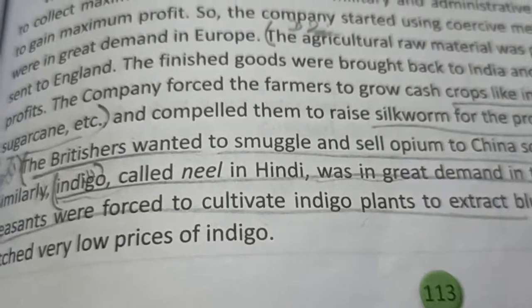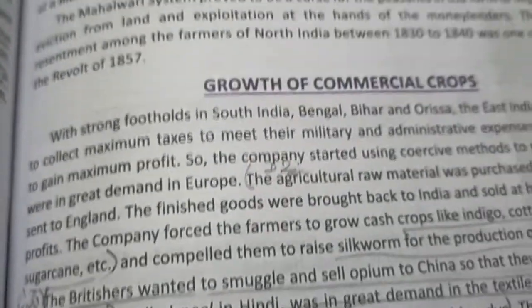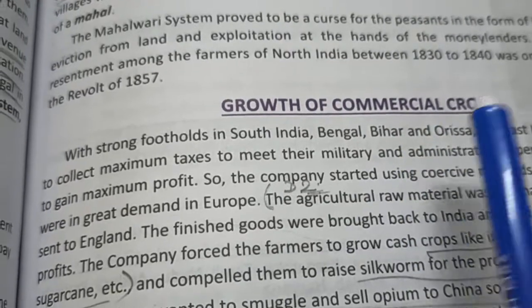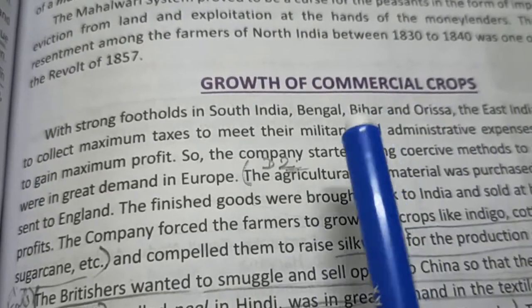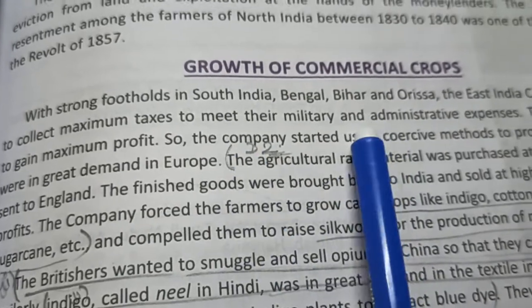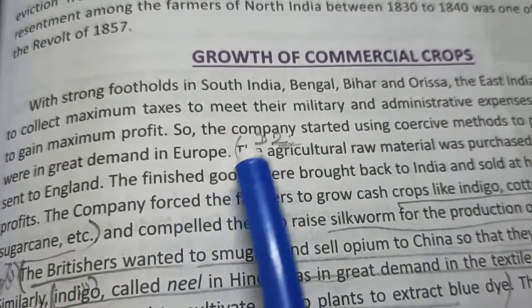page number 113. Here you will see in the last paragraph, growth of commercial crops. Britishers forced our farmers to grow commercial crops. Why? Because those crops were in great demand in Europe.